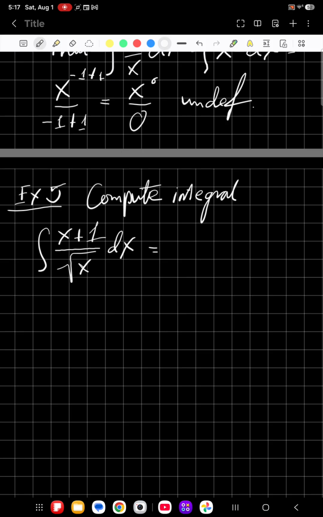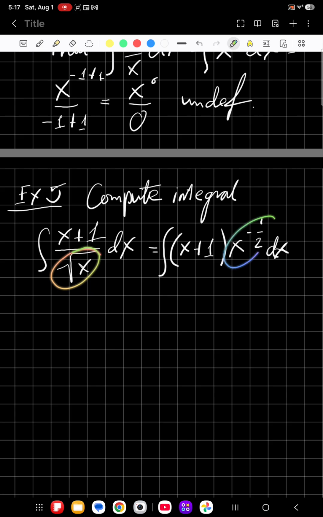So let's try to do that and see if it's helpful. So we have x plus 1, right, times x to the -1/2 dx. So this part is that part.